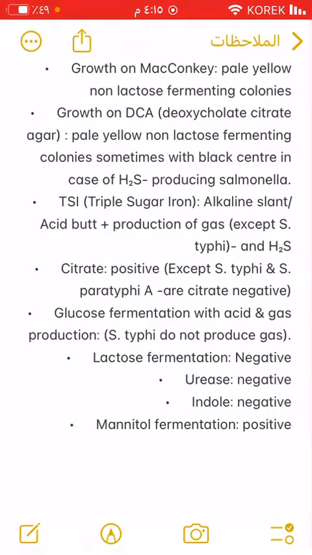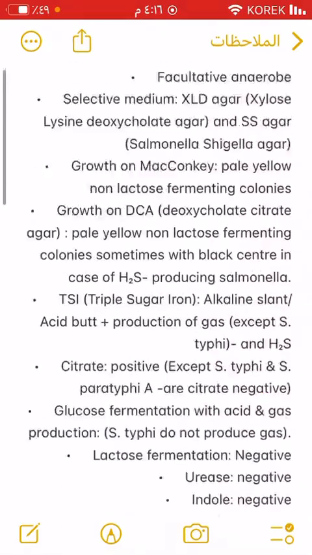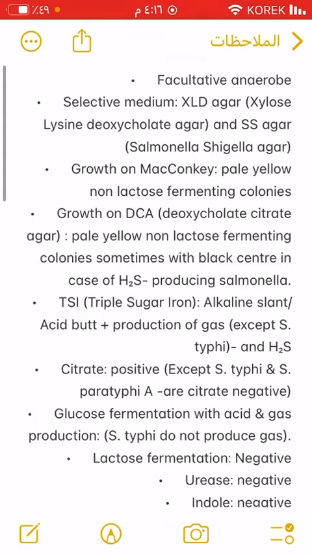So what we will write in our report is K over A, and positive for gas production and H2S. In H2S, black is seen, a black color, the media will change to black. This is considered H2S positive.